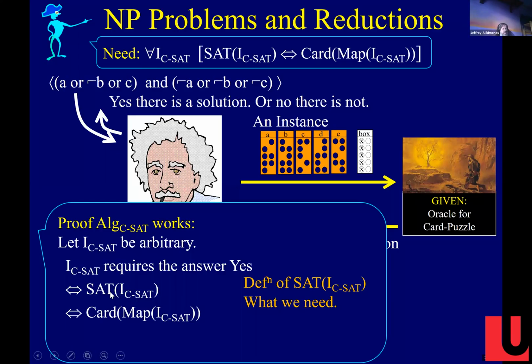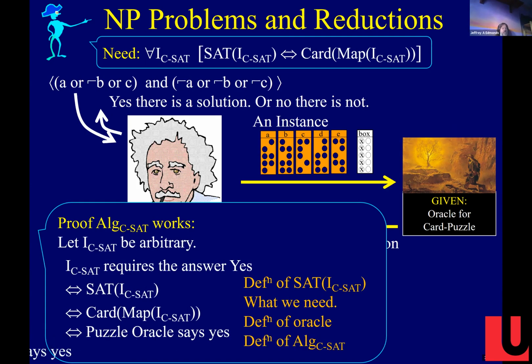That's what we'll prove. And the oracle will say yes if and only if the cards you give it are satisfiable. Our algorithm says yes if and only if the oracle says yes. Does that make sense?